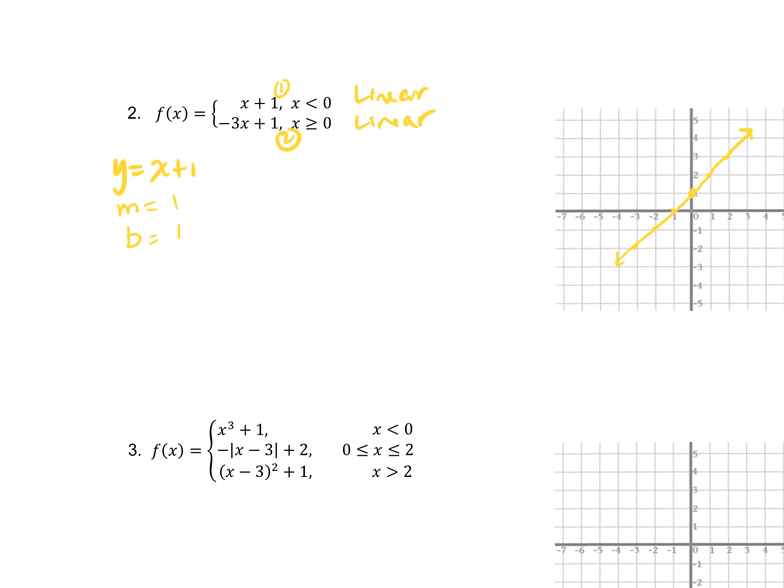And then based on what we read in that document, we had to look at everything that is not part of this graph, which means everything that is not less than 0 here, we're going to erase. So when x is 0, we know that y is 1, so we're going to erase everything this way.